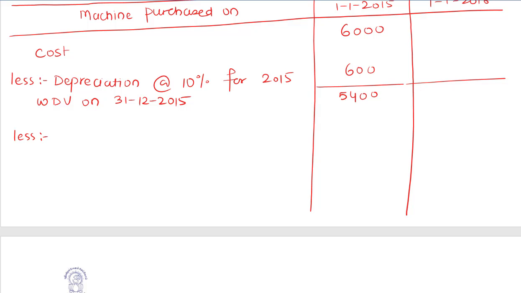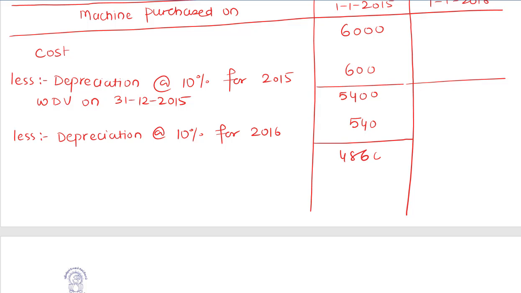Less depreciation at the rate 10% for 2016, which is 540.